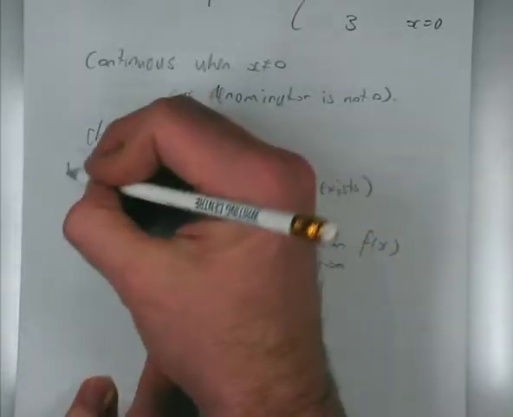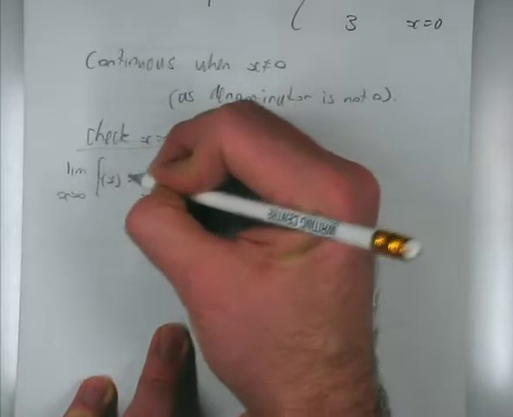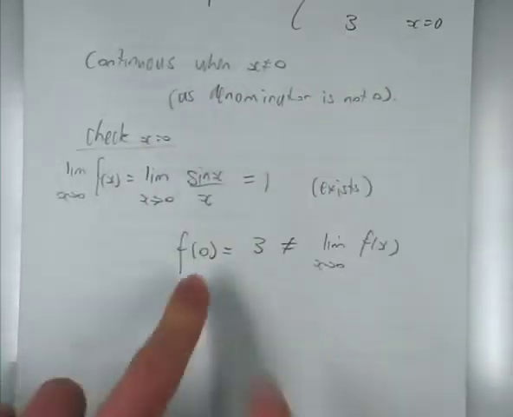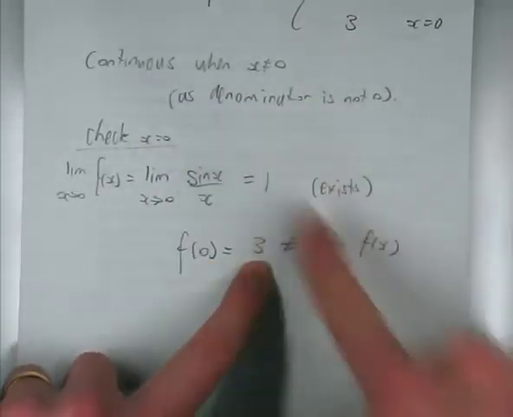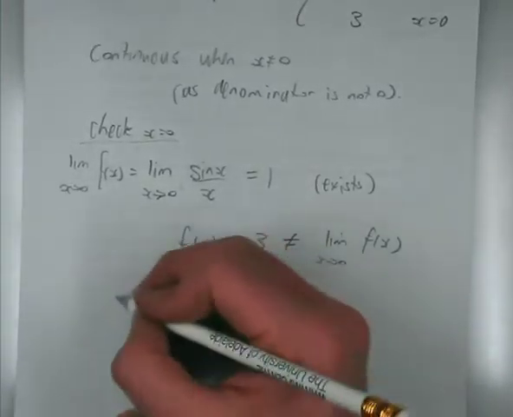So technically there should have been the limit as x goes to 0 of f of x. So since the function value is 3 and the limit is 1, they don't match up, and it's a discontinuity, and it's a removable discontinuity.